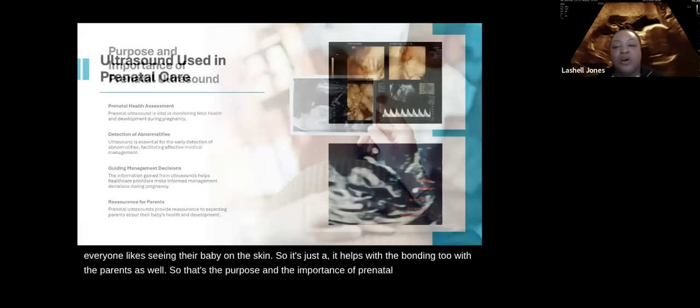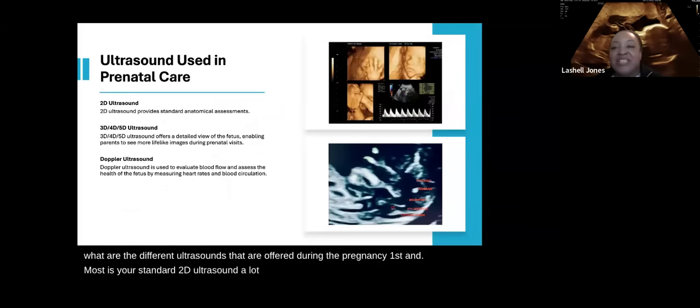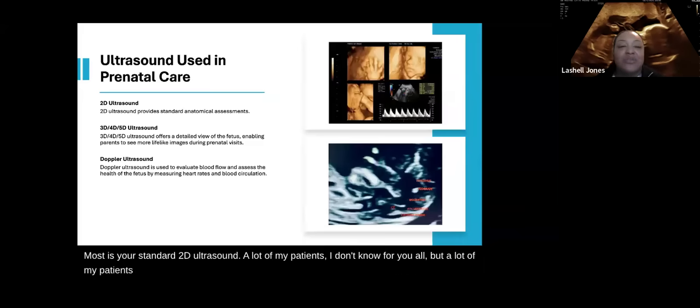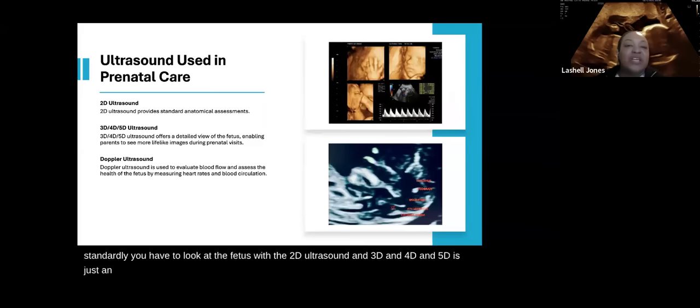Now, what are the different ultrasounds that are offered during the pregnancy? First and foremost is your standard 2D ultrasound. A lot of my patients, I don't know for you all, think that 3D would eventually take the place of 2D ultrasound. And I'm like, no, standardly, you have to look at the fetus with the 2D ultrasound, and 3D and 4D and 5D is just an enhancement of the 2D ultrasound.